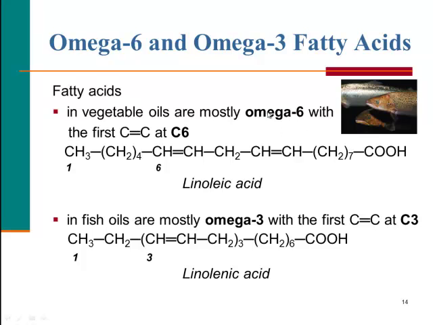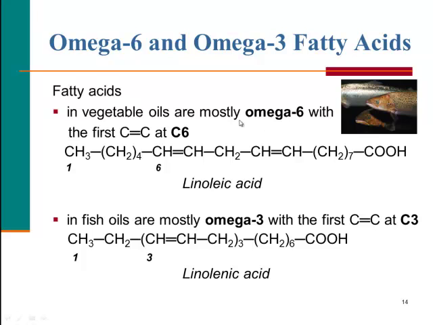But with the omega designation, we think about the number of carbons from the end of our fatty acid chain. So this is going to be carbon 1 in the omega numbering system, and omega-6 fatty acids have a double bond that begins at carbon 6 from the end. If you count 6 carbons from the end, you get to this carbon, and that's the first of the carbon-carbon double bonds present in the molecule.